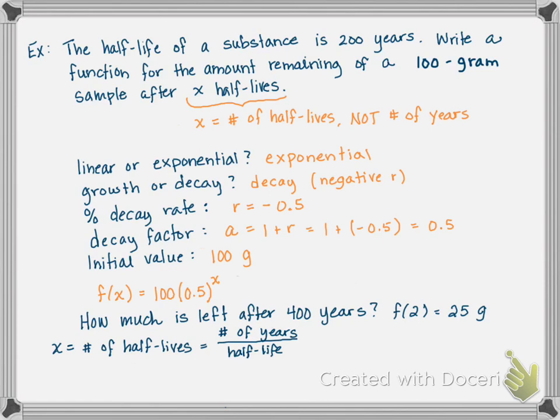We always need to remember that our input represents the time period associated with that 50% loss or whatever the percent change is. And so we can't always just throw in whatever number. We have to think about converting it into those time periods. So in this case, we had 400 years divided by a 200-year half-life. That's how we got the 2 that we plugged in.